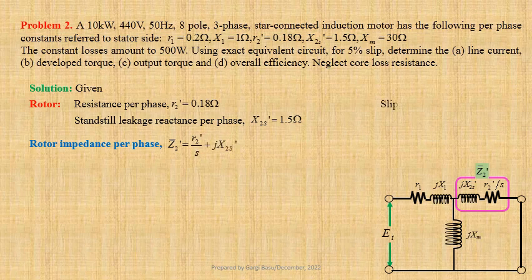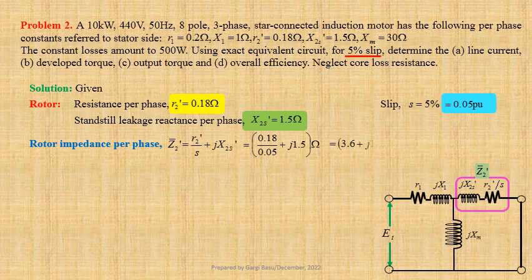Given slip S equals 5%, that is 0.05 per unit. Therefore, Z2' equals 0.18/0.05 plus j1.5 ohm. That gives us 3.6 plus j1.5 ohm. This may be written in polar form as 3.9 ohm at an angle 22.62 degree.